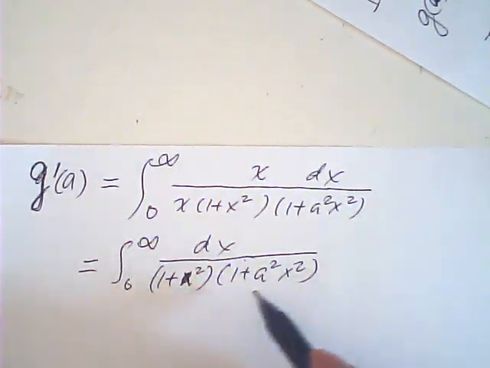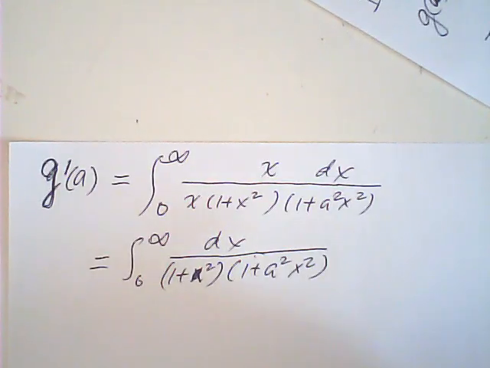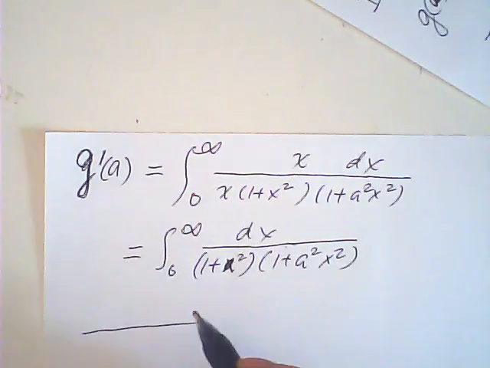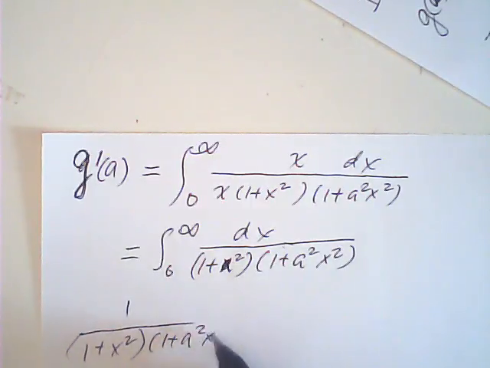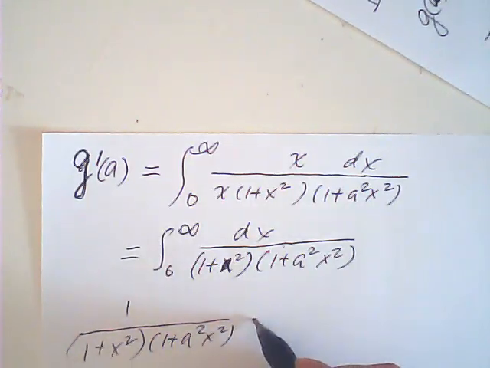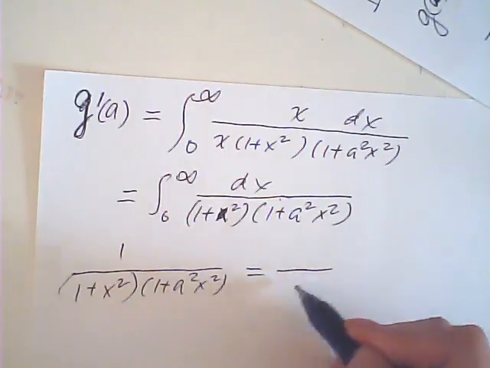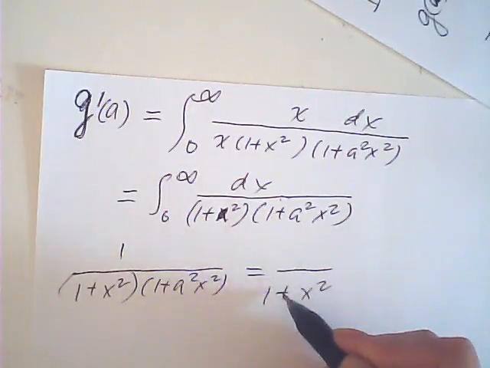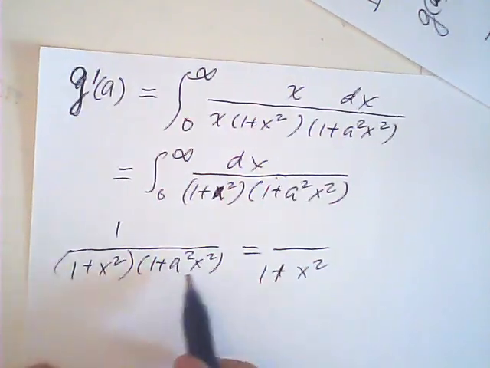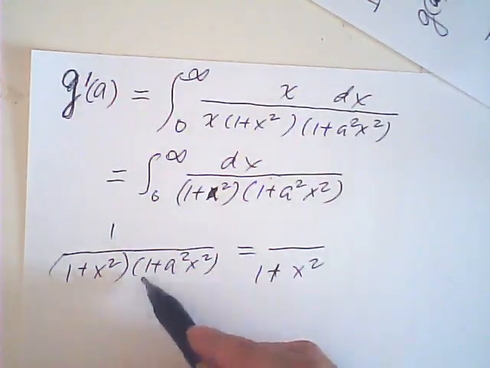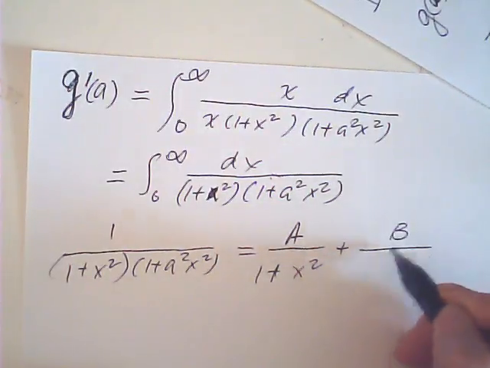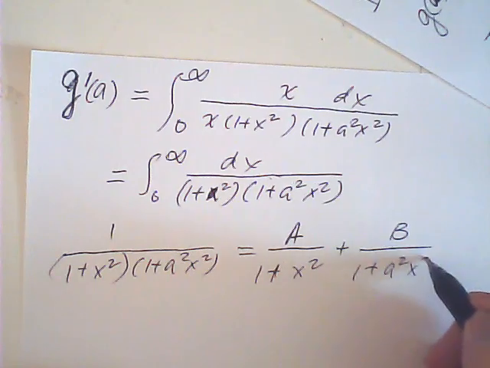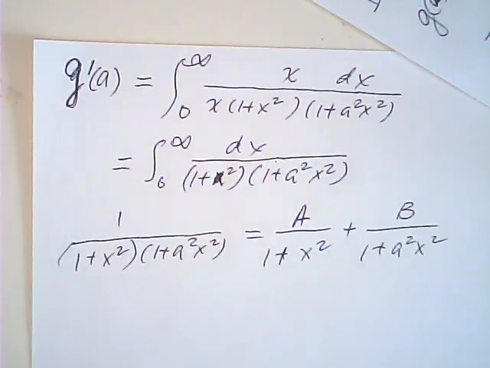And then of course we are using partial fractions, right? So partial fractions, there are no linear factors of x, so it simply becomes this over 1 plus x squared, and this over 1 plus a squared x squared.